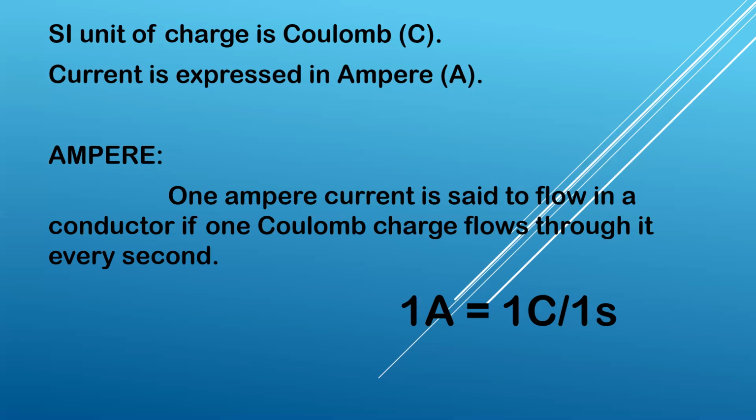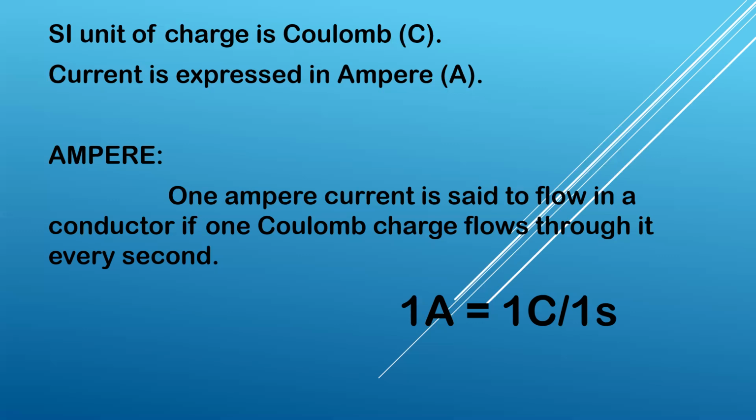The unit of charge is coulomb and unit of current is ampere denoted by A. And I said that the charge present on one electron is 1.6 into 10 raised to minus 19 coulomb. Children, this is all about electric current.